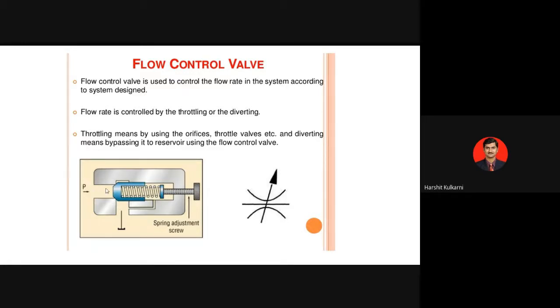Because of the fluid pressure, it will press the spring and the spring will get compressed and the flow will be actuated here. However, there will be a setting that will be fixed for this screw, right? Based on the setting, you can control the flow rate. Suppose you want to have the flow rate of some units, you can fix that by adjusting this screw.